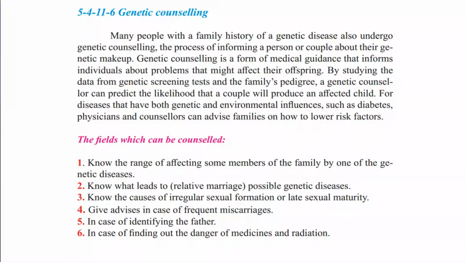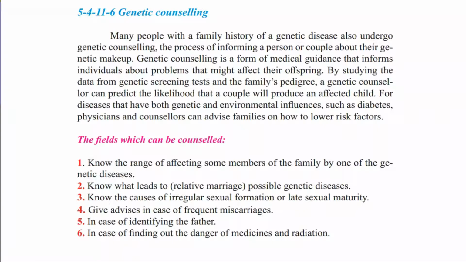The fields of counseling can know the range of affecting some members of the family by one of the genetic diseases, so they give information to couples about the genetic problems their offspring can suffer from in the future.